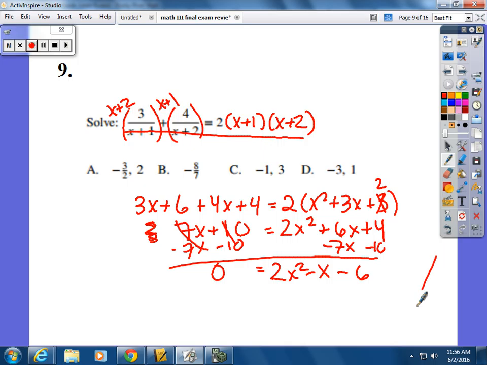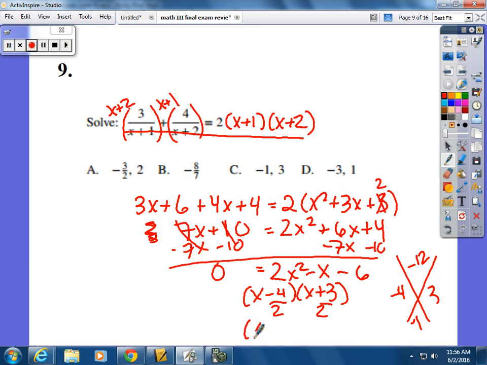So I have factors of negative 12 that add up to negative 1. It's going to be negative 4 and 3. Then I have to do the slip and slide. So it looks like my factors are going to be x minus 2 and 2x plus 3, which means my solutions will be 2 and negative 3 halves.